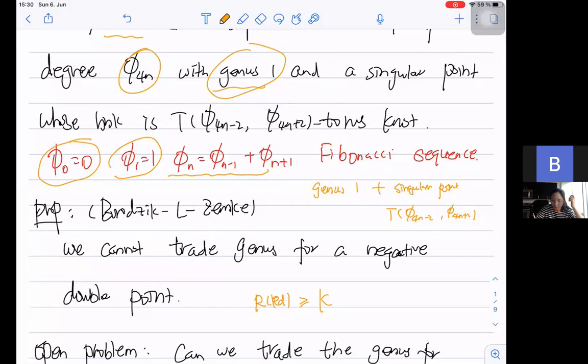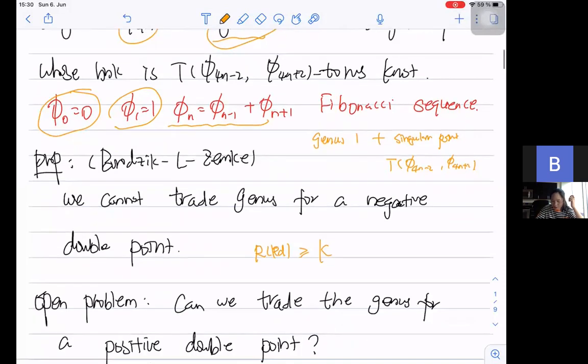That's why we conclude that we cannot trade the genus for negative double points. However, I would like to emphasize that we don't know whether we can trade the genus for positive double points, because the obstruction we provide passes through this case. So we cannot distinguish whether there's another stronger obstruction, or whether this can always be traded for positive double points.